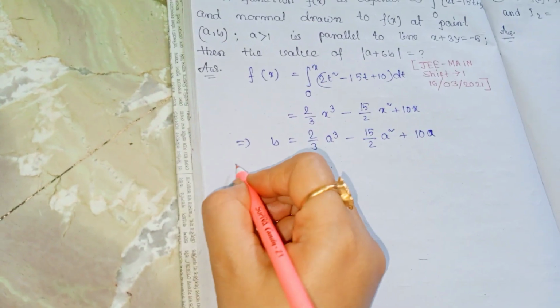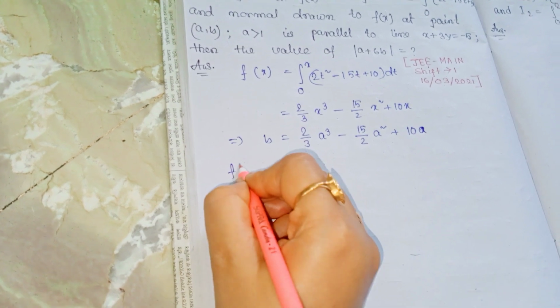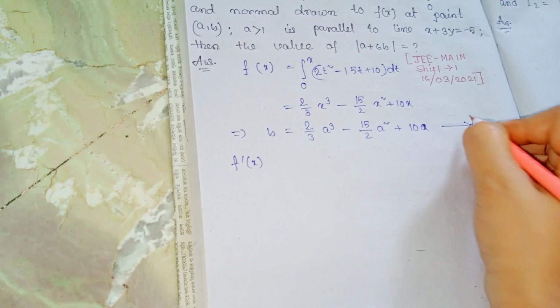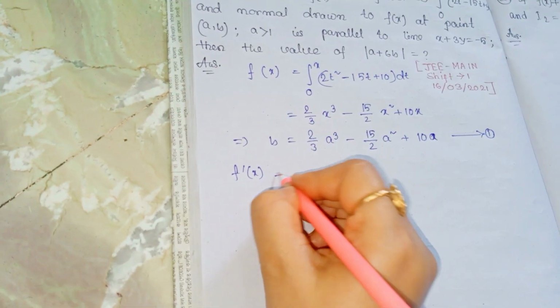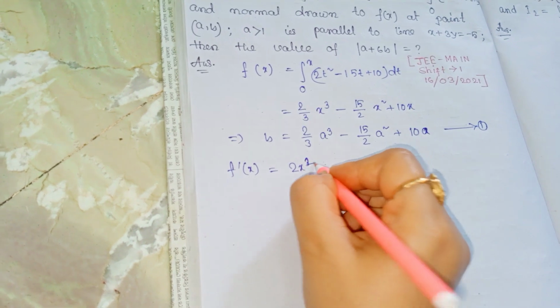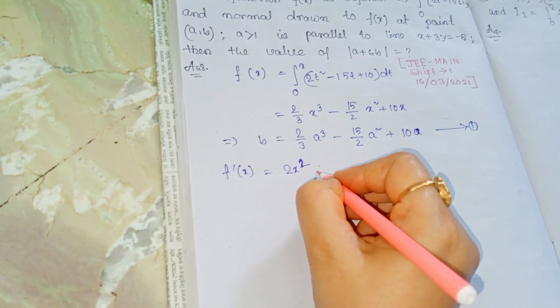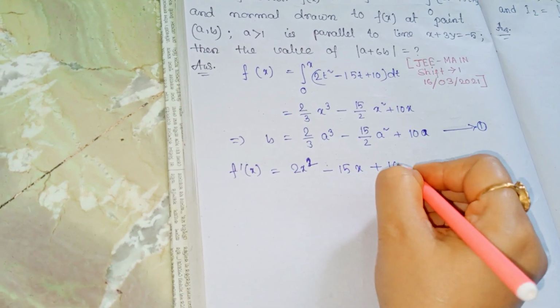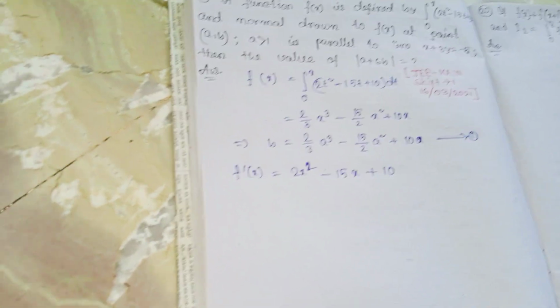This is equation 1. Now we want to calculate f'(x). So f'(x) is equal to 2x² − 15x + 10.